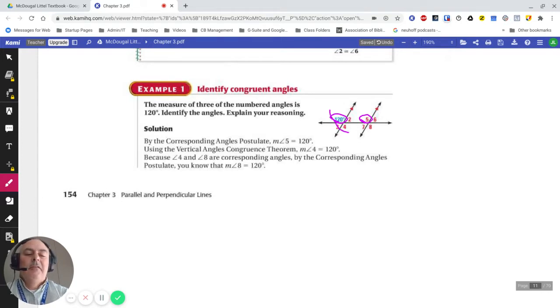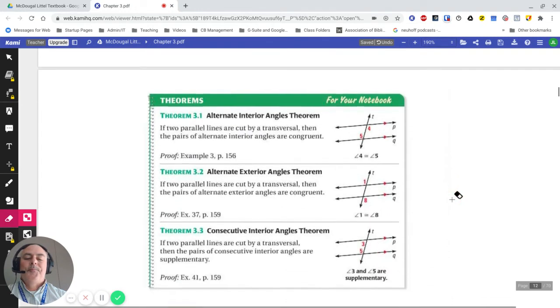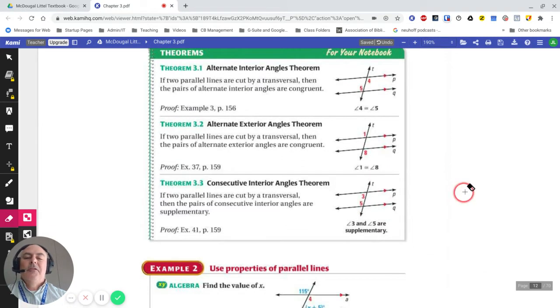I also know that angle 4 is 120 degrees because what we learned in chapter 1 was the idea of vertical angles. So all of these will be techniques that we apply to our drawing to figure out what our angle measurements are.